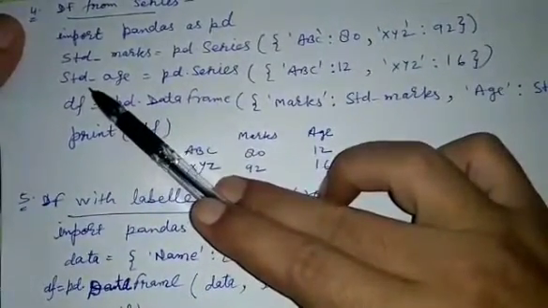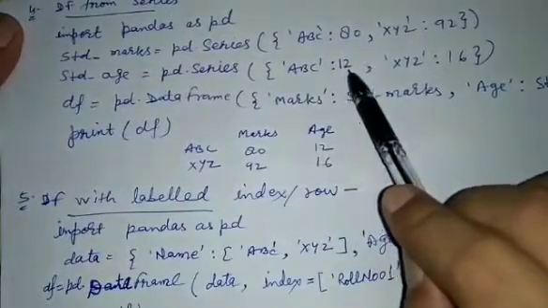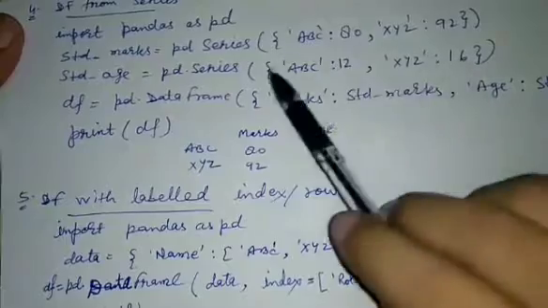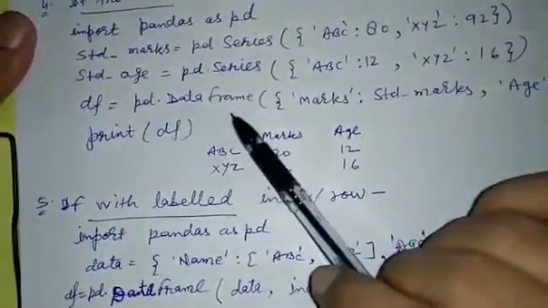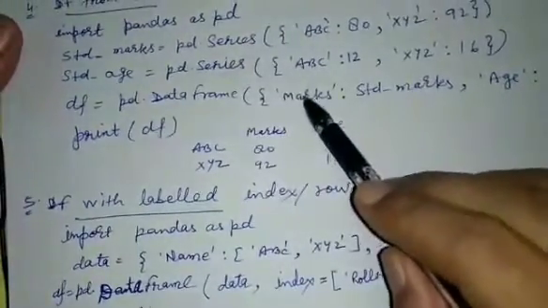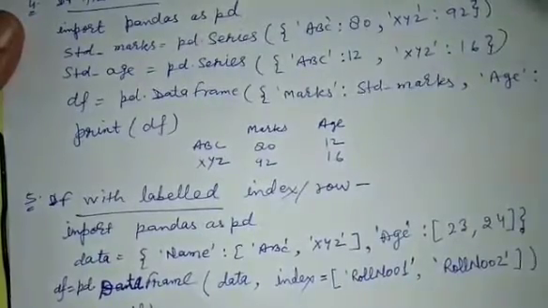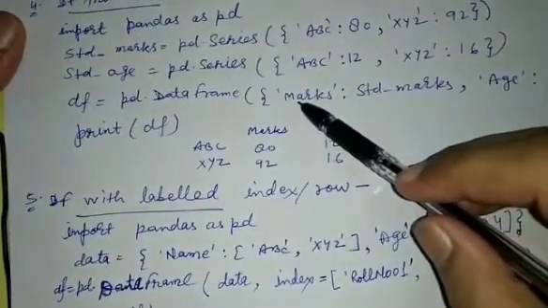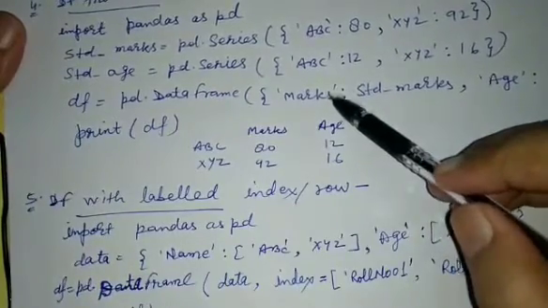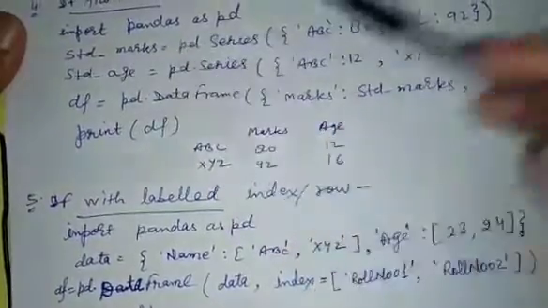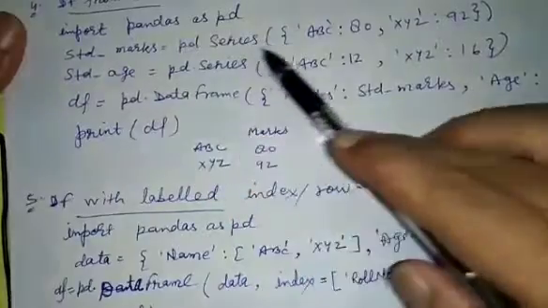Second, create another series, student age, pd.Series, abc age 12, xyz age 16, from a dictionary. Now df is equal to pd.DataFrame. Again we are creating a data frame using a dictionary, and the key for the dictionary is marks, and it derives its value from the std marks series.